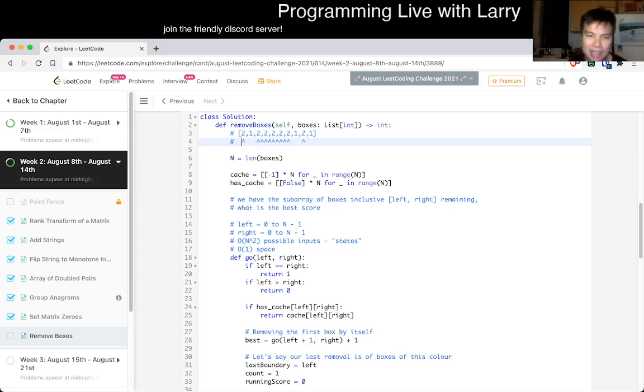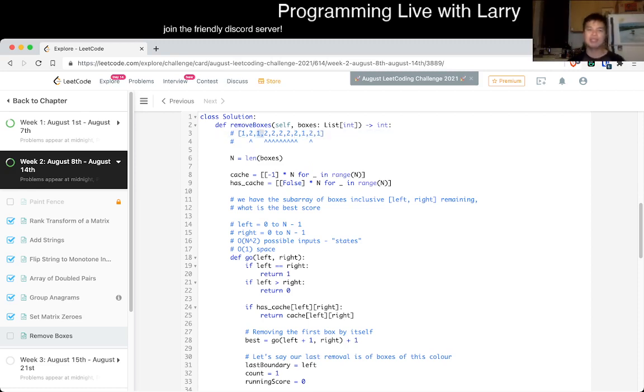But it turns out that that's not the case, in the sense that we actually don't want to remove this 1. We just want to remove this 1 so that we can remove these 2s, and then at the very end we have this 1 and this 1 matching together.